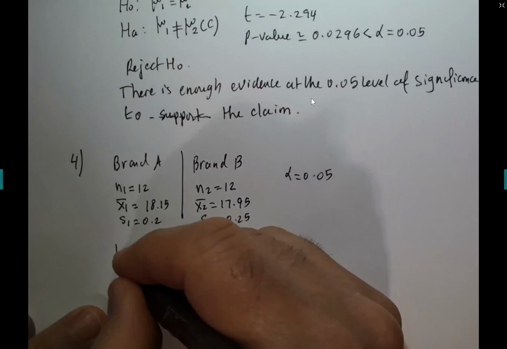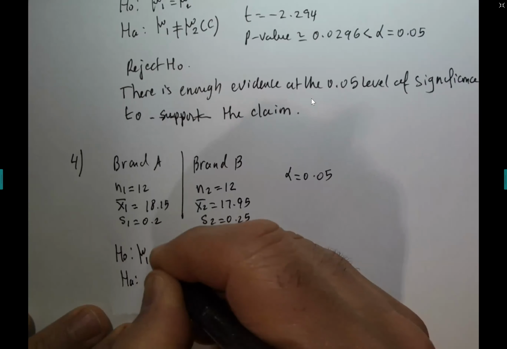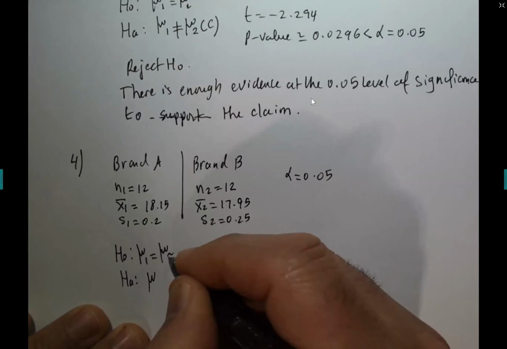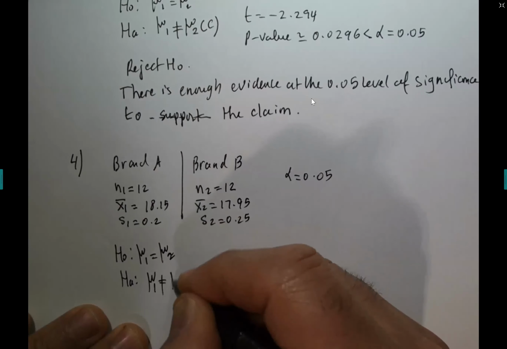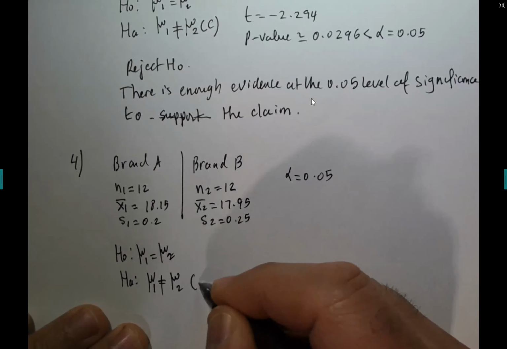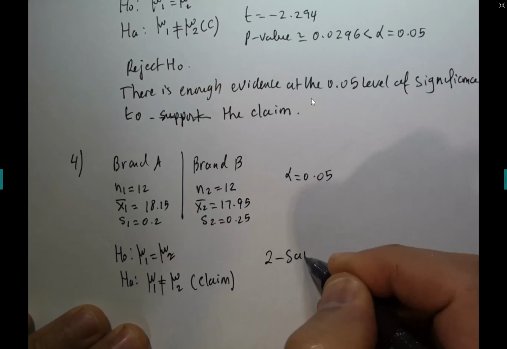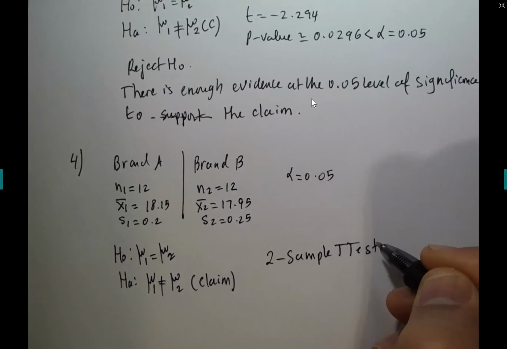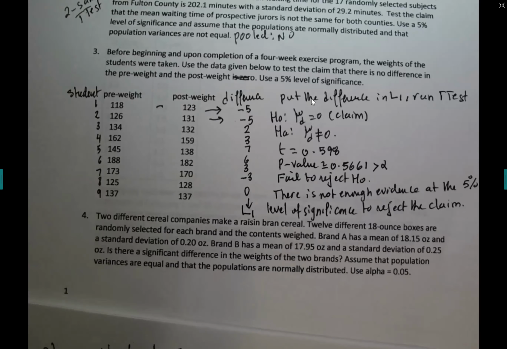So we're going to state them. You could label it A and B if you want, guys, sometimes he labeled them A and B because he uses A and B, and this is the claim. 2 sample t-test. And he says, assume population variances are equal.